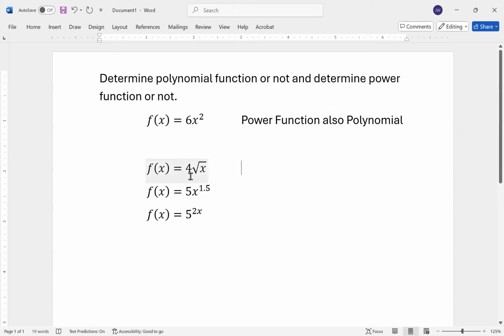This second f of x, which is 4 times the square root of x, can be rewritten as 4 times x to the half power, or 4 times x to the power of 0.5. Therefore, it has the basic form of a power function, constant times x to a power. So this is a power function.